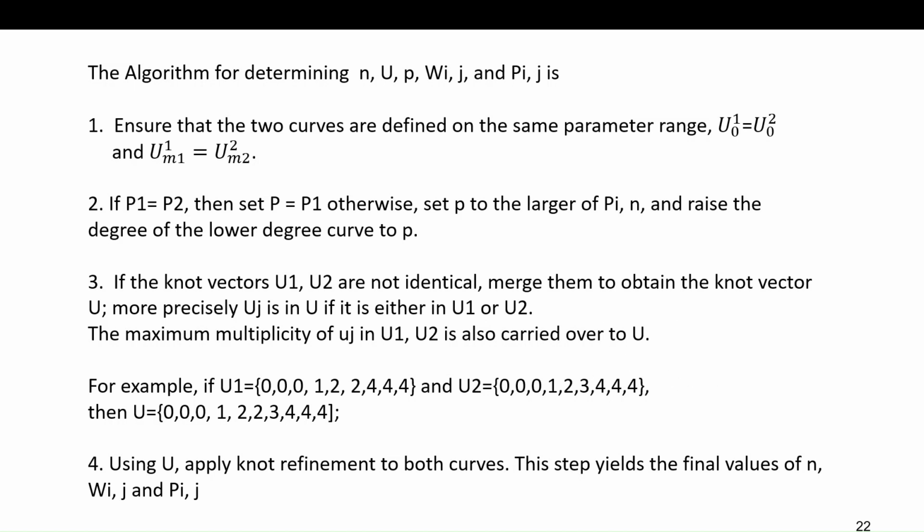If you consider an example of u1 equal to 0012244 and u2 equal to 0012344, the final u can be represented as the union of both the vectors of curve 1 and curve 2. This knot refinement is important for both the curves, and this step yields the final values of all the terms that are required for the formation of the ruled surface.